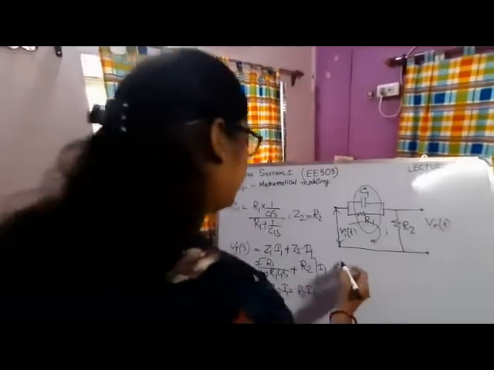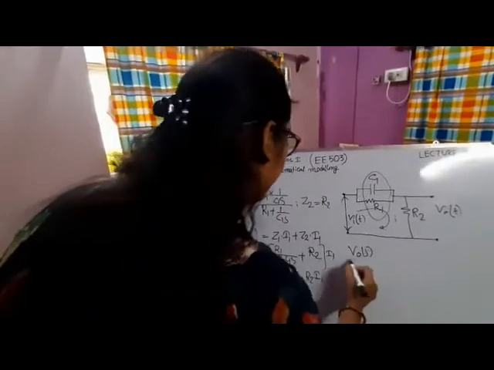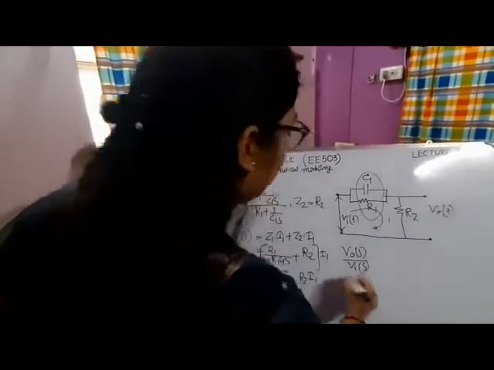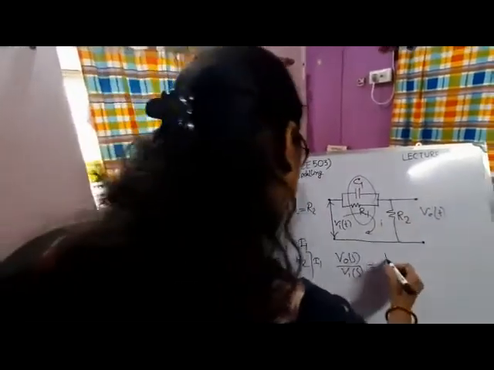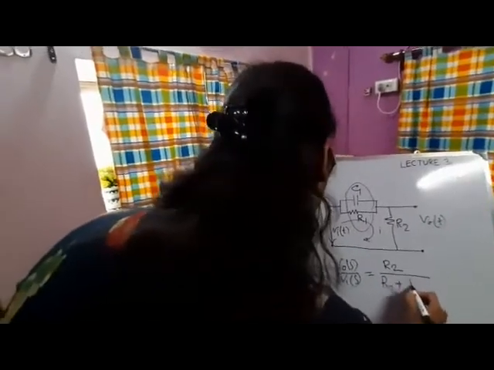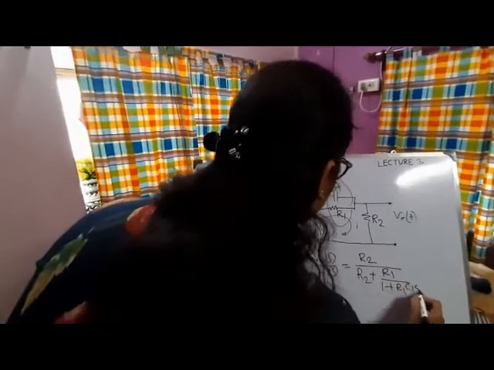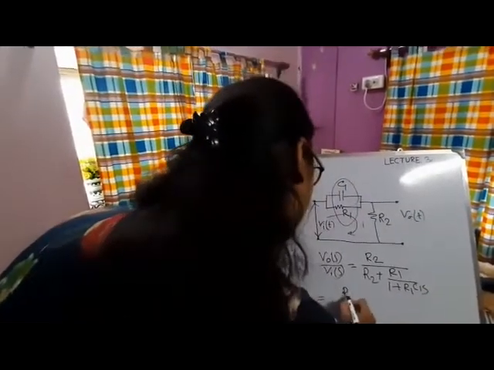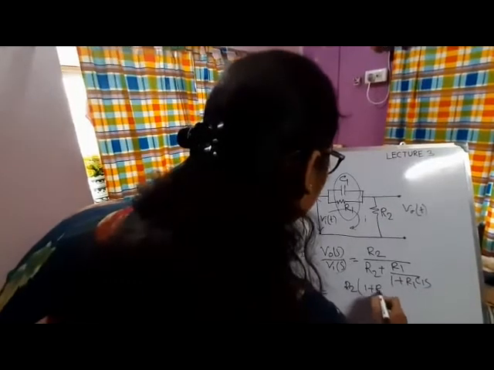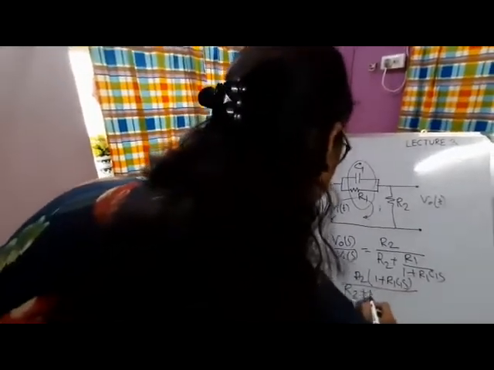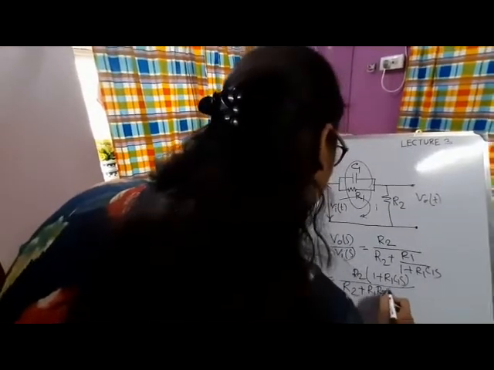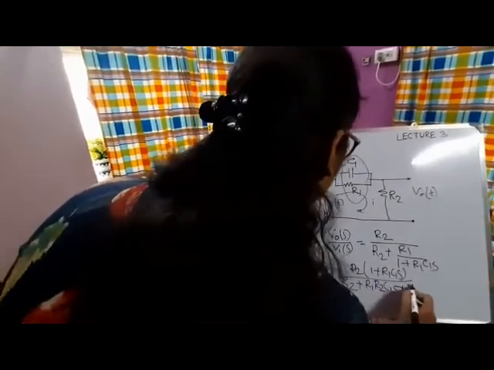Now the transfer function is V0(s)/Vi(s), and we are assuming that all initial conditions are 0. So V0(s)/Vi(s) is equal to R2 divided by R2 plus R1 by 1 plus R1C1s, and that is equal to R2 into (1 plus R1C1s) by R2 plus R1R2C1s plus R1.